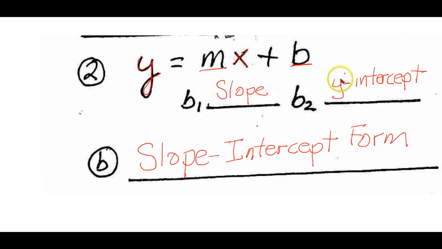And the b happens to be the y-intercept. It will be on a graph where this line crosses the y-axis. So whatever is in this position is the y-intercept.